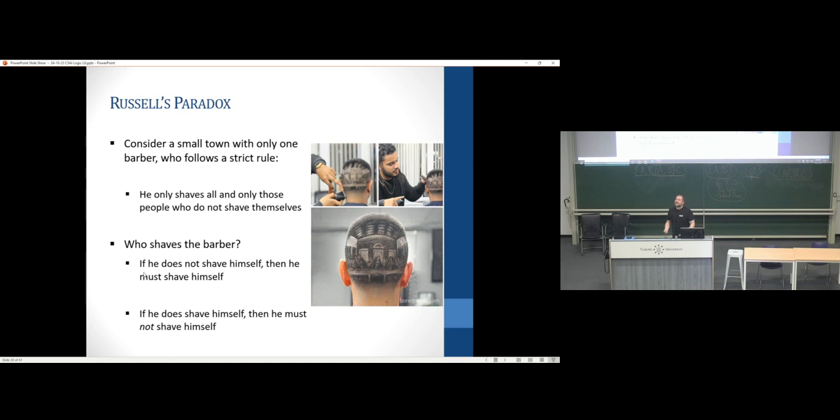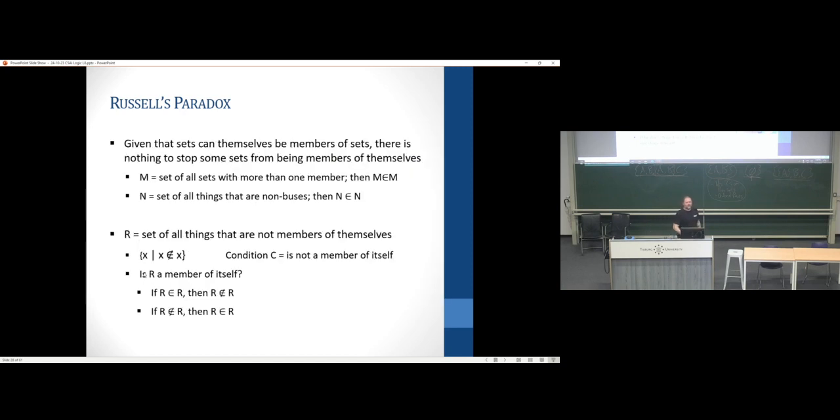So again, this is the analogy. The analogy case sets up the actual set theoretic case. But if we get the analogy, you get the basic problem. Right? So on the naive set theoretic conception, given that sets can be themselves members of sets, there's nothing to stop sets from being members of themselves.